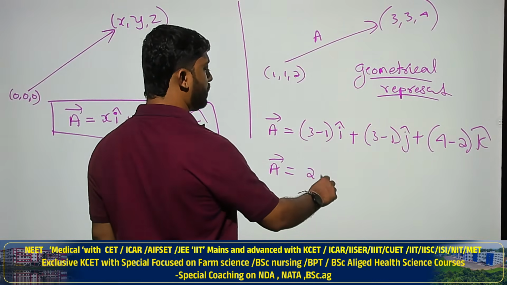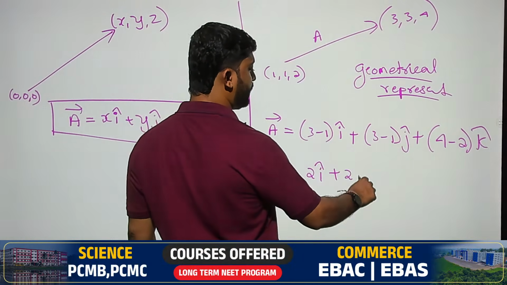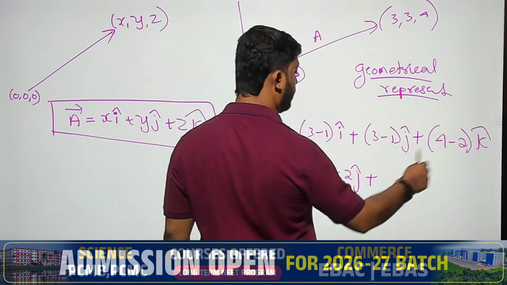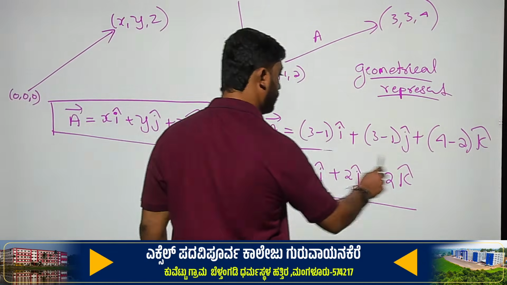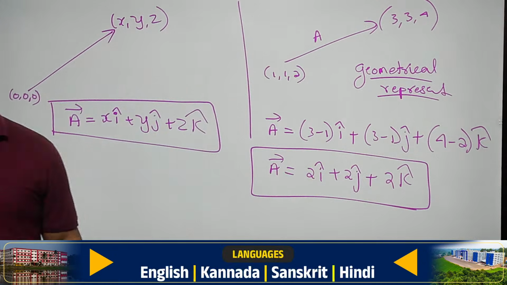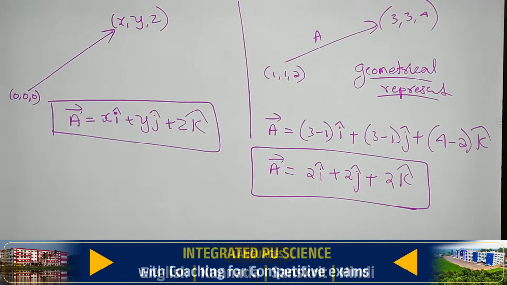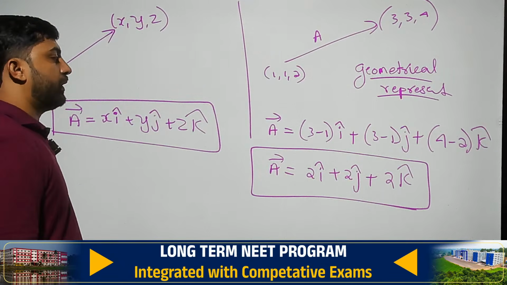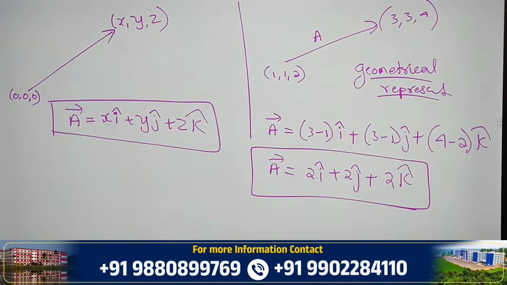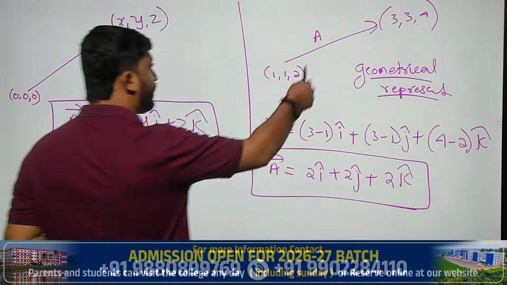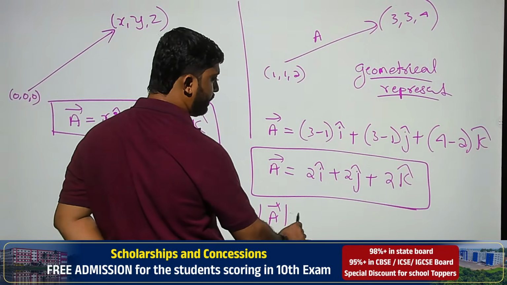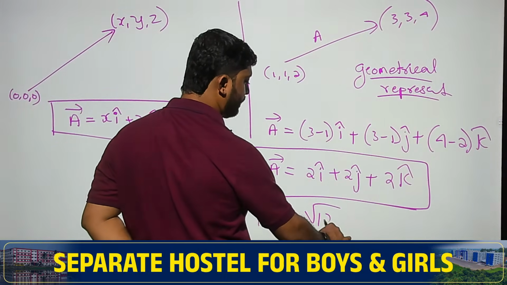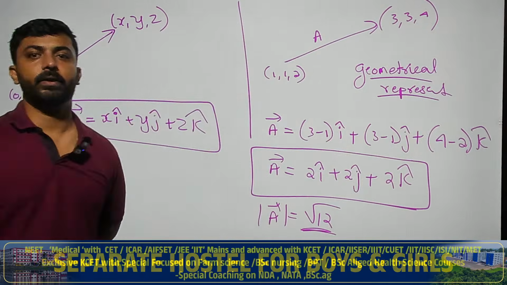This is 2 i cap, 2 j cap and 2 k cap. Right? Then, if they ask what is the length of this, magnitude of this vector, then this will be root 12. Right?